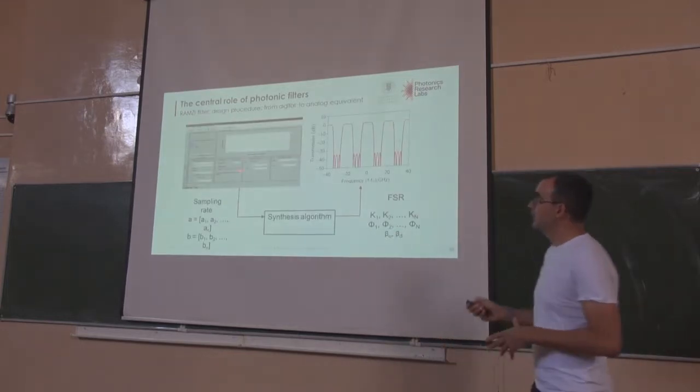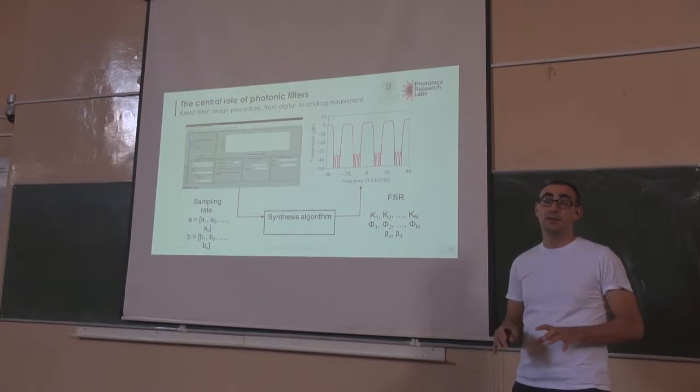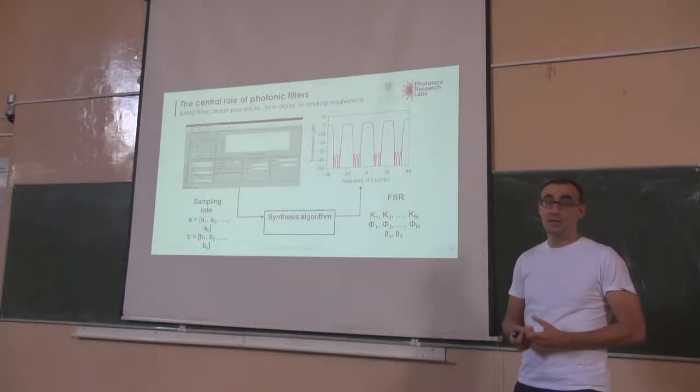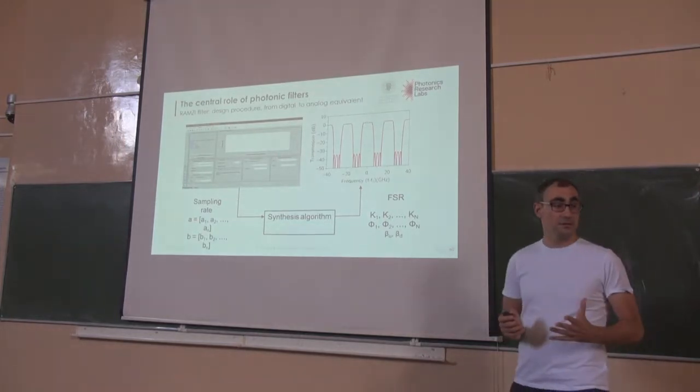Okay? So basically, if you are familiar with MATLAB, MATLAB has a digital filter synthesis tool. You can use that synthesis tool, and that will give you the filter coefficients. Okay?